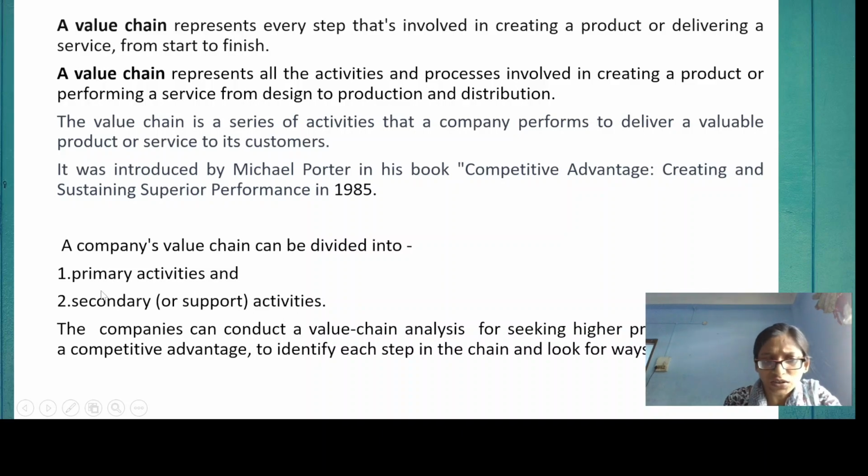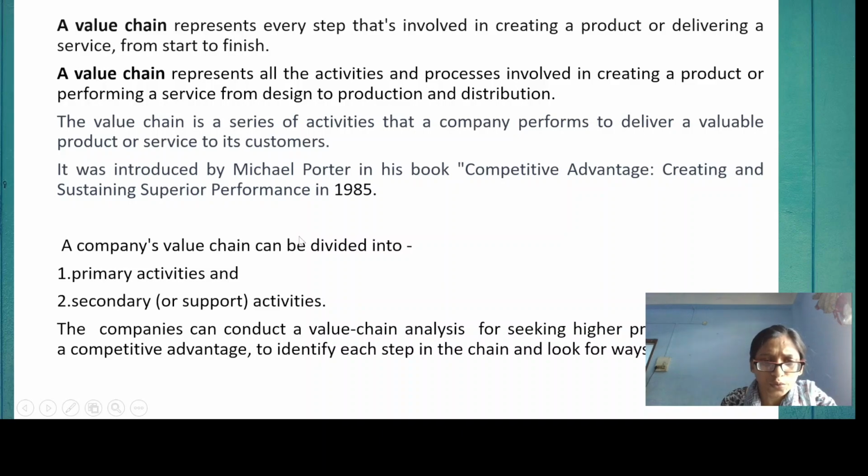And primary activities, as we have discussed, are the main activities, like where we are procuring and gathering our raw material, whatever is needed in manufacturing that smartphone.